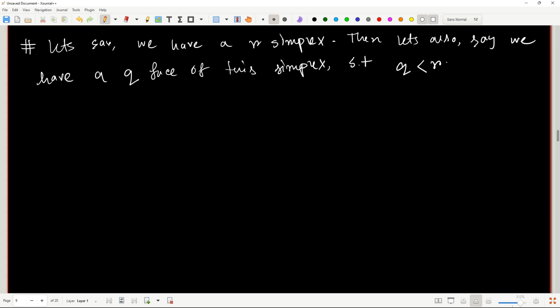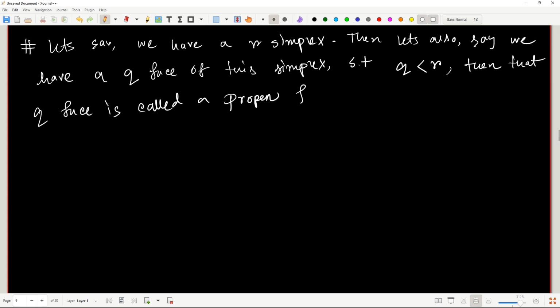It's not equal to r, it's always less than r. Then that q face is called a proper face of that simplex.